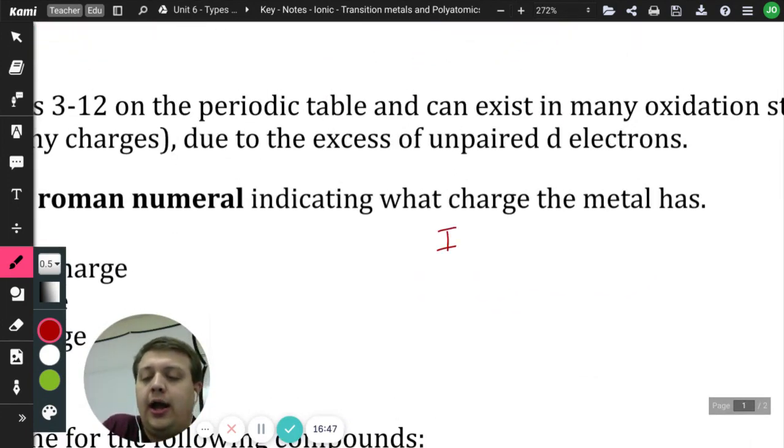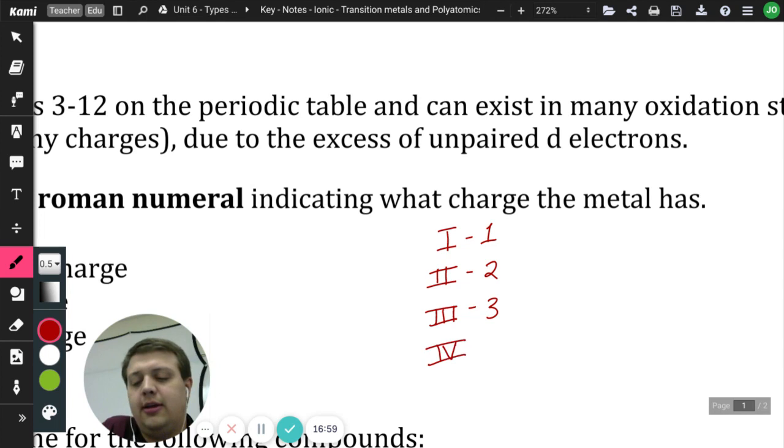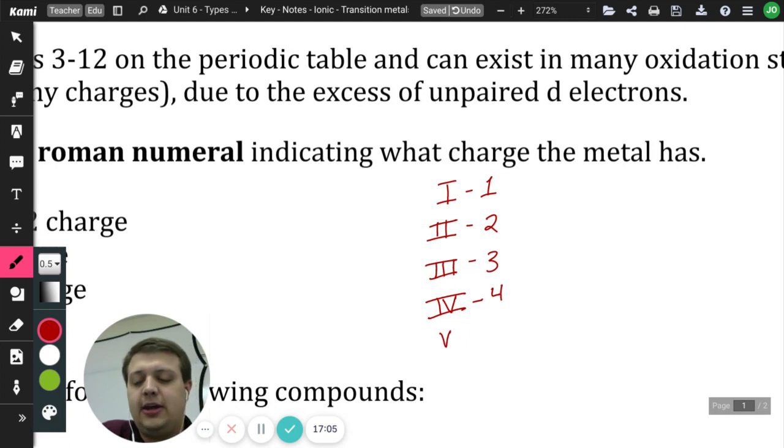So I would be 1. If you do it like that, it would be 2. 3 I's would be 3. If we have an IV, that would be 4. It stands for 1 before 5. Then you have V, which is 5.